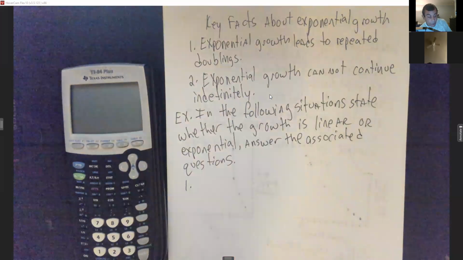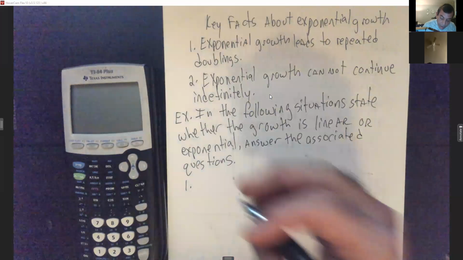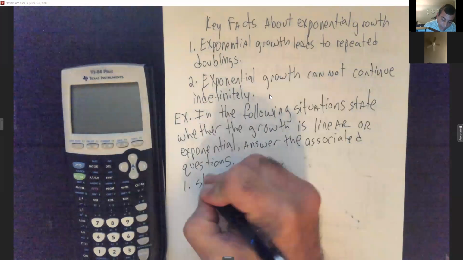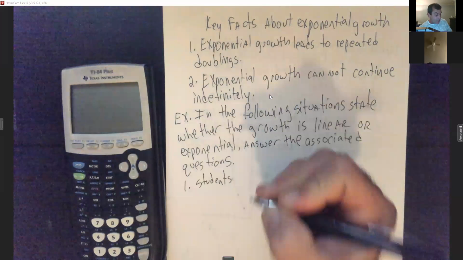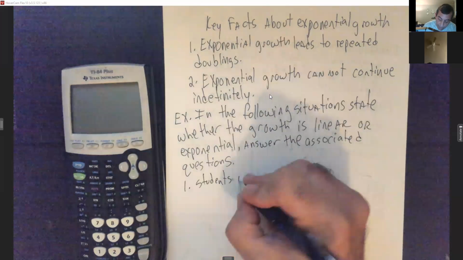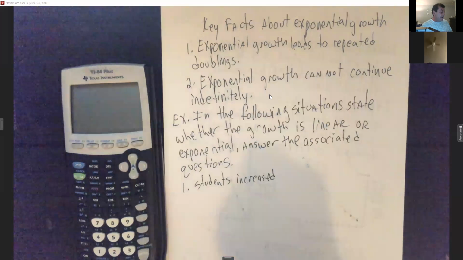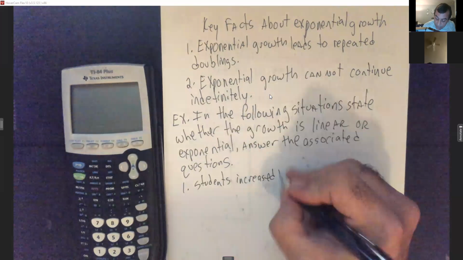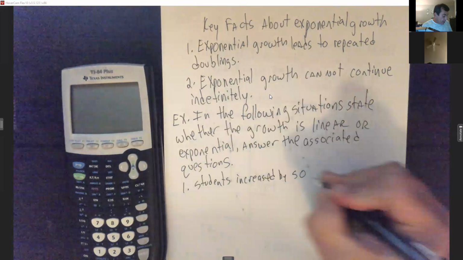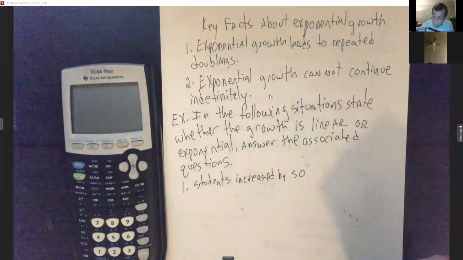So number 1, the number of students at Wilson High School. So students at Wilson High School increased by 50 in each of the past 4 years.